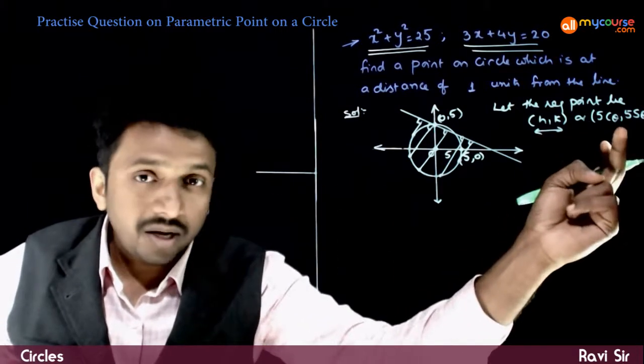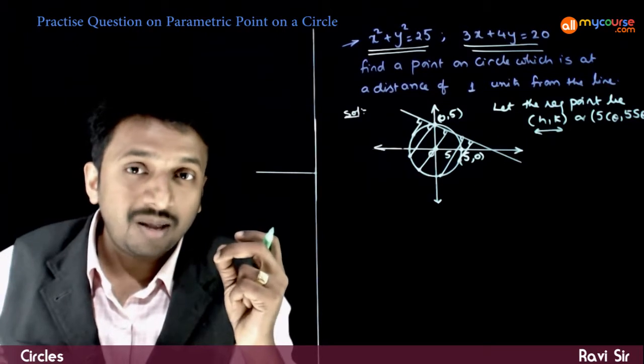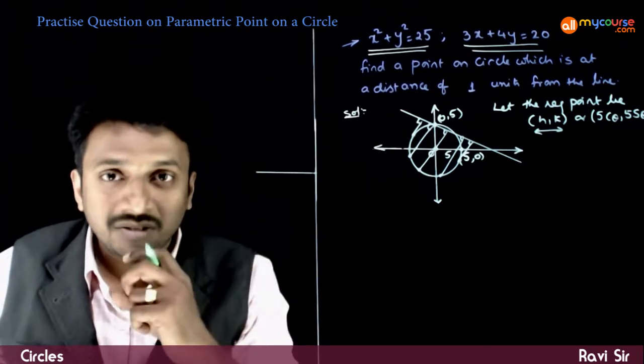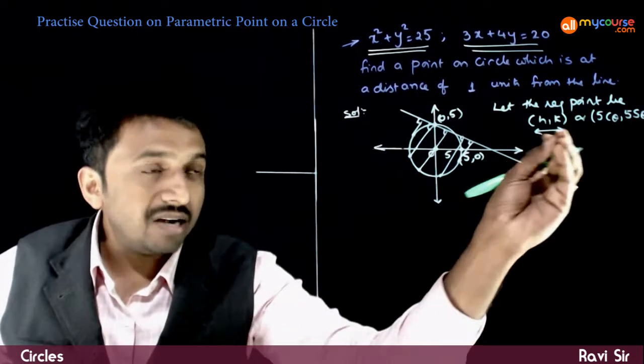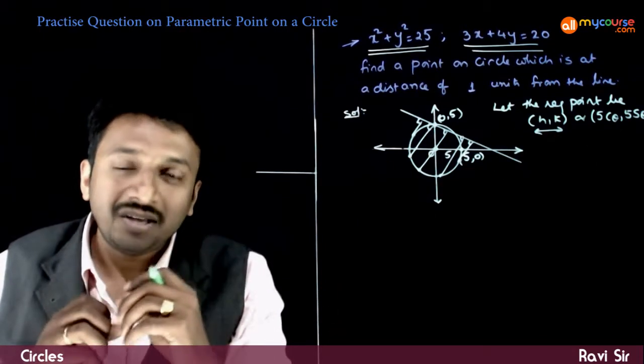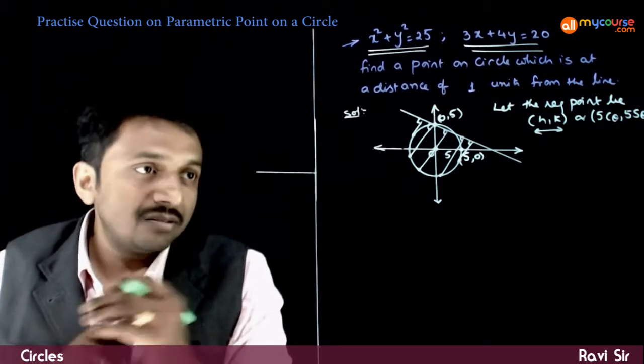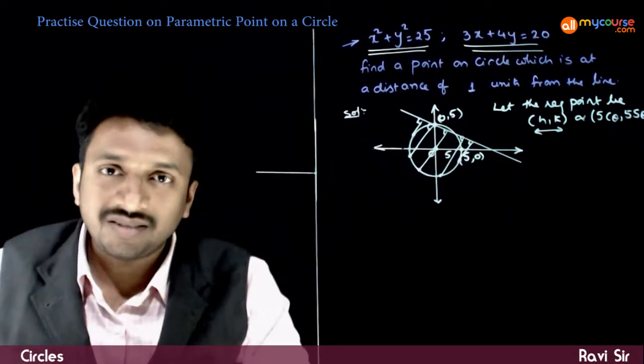If you take this point, you'll have a single variable equation, but you have a trigonometric equation. So let us try to see both of them and try to observe which is better and the reasons for that. So first let us take the parametric point and see.